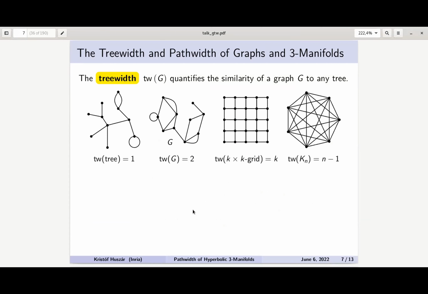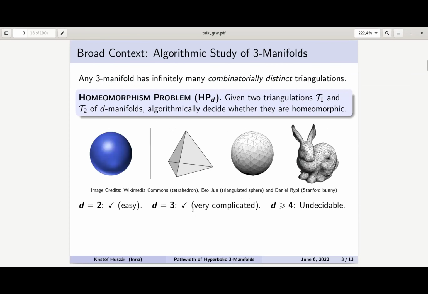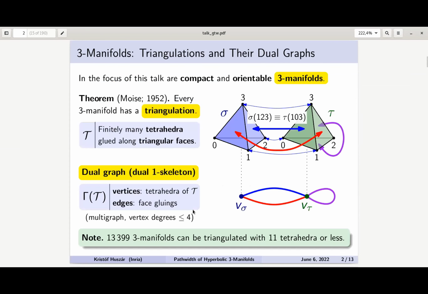Yes. So why do the loops appear in the first place? It is because we allow loops in the triangulation, simply because we allow triangles on the same tetrahedron to be identified with each other when we are considering triangulations.